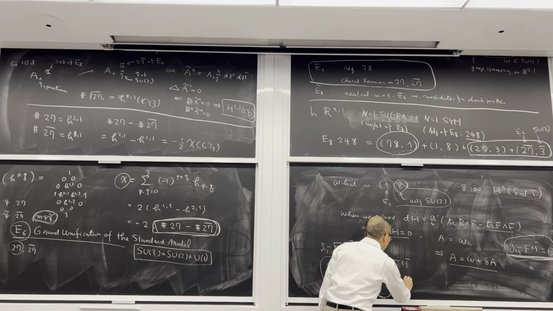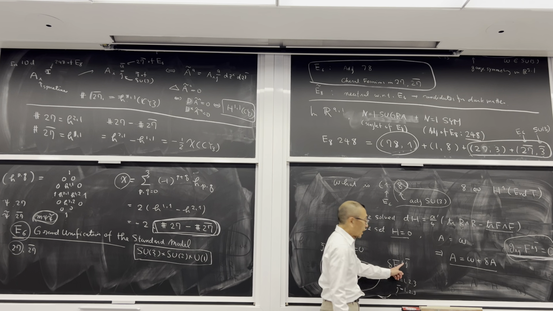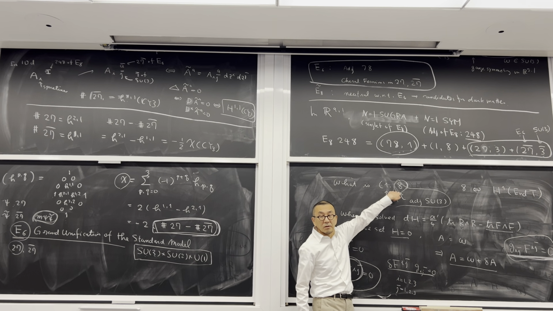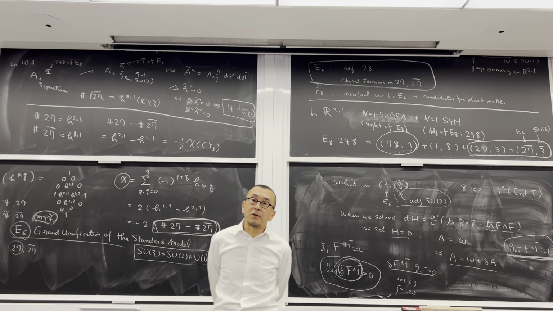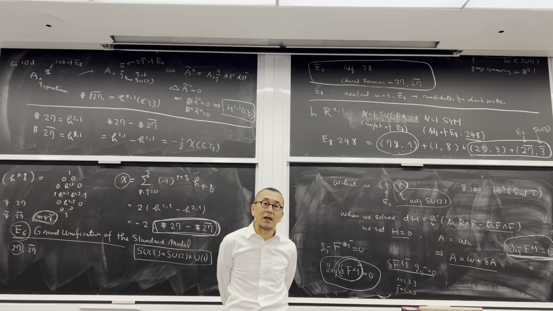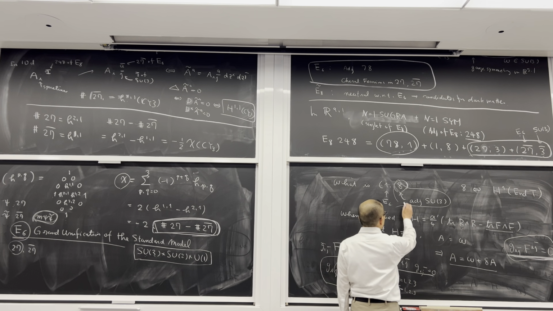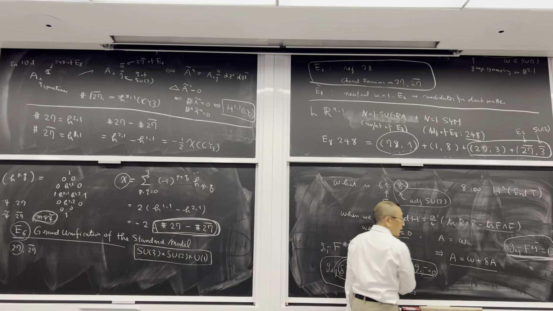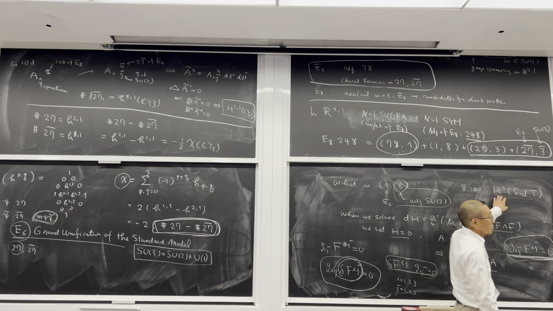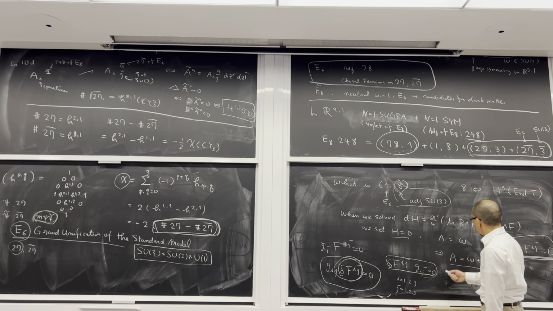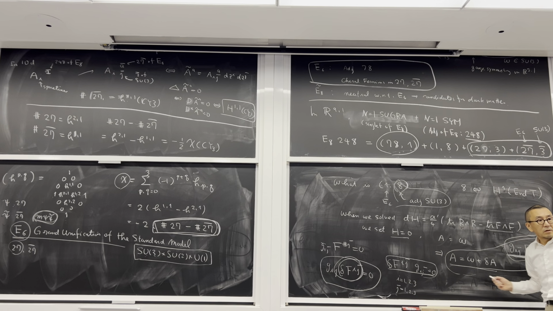Because i goes from 1 to 3, and j bar goes from 1 to 3. So there are 9 of them. And we impose one condition, which is a traceless condition, which is exactly the condition for the adjoint representation. Because the adjoint of SU3 is generated by 3 by 3 Hermitian matrix, which is traceless, which is exactly this equation. So actually there is one-to-one correspondence between this 8 direction and this direction. And this is essentially what this notation means. So you can think of, therefore, this corresponding to the deformation class of this equation.